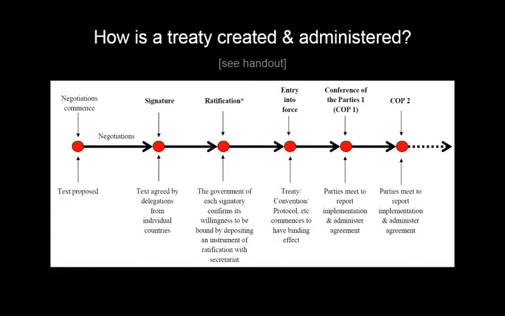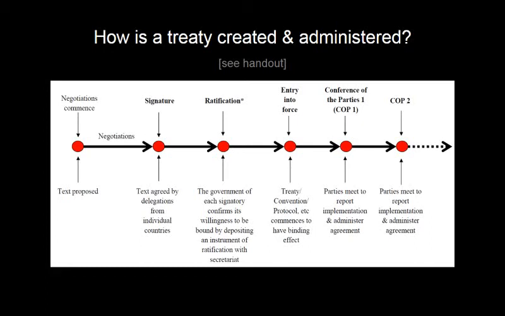It was all summarised in this picture. I created it because I couldn't find an image like this in any textbooks. So it's basically boiling down the normal process for negotiating and then implementing a treaty.